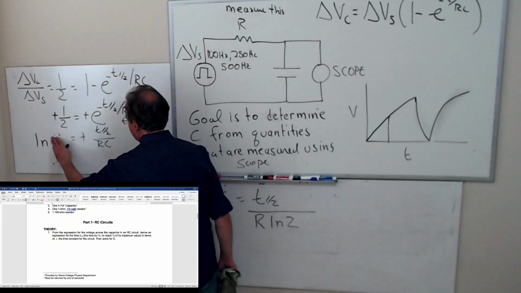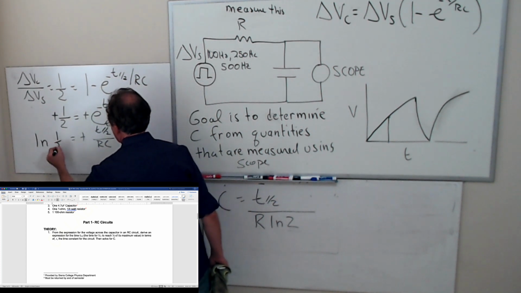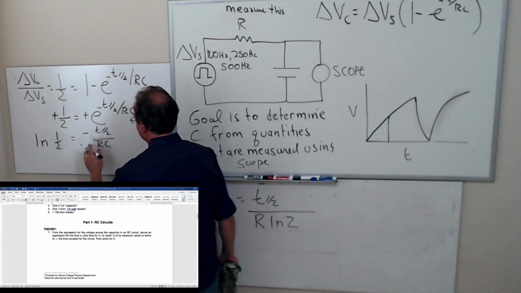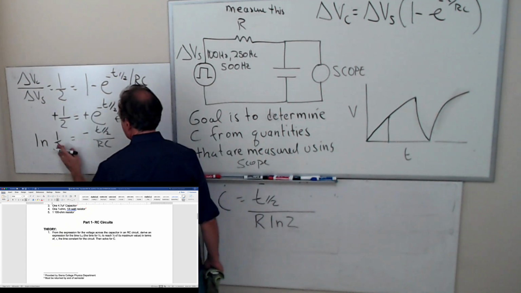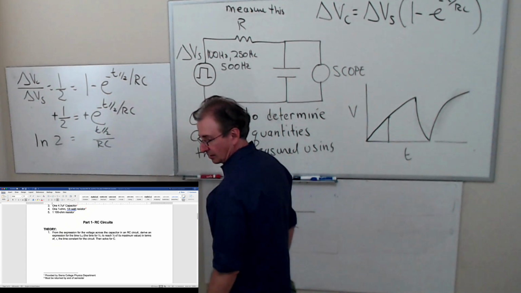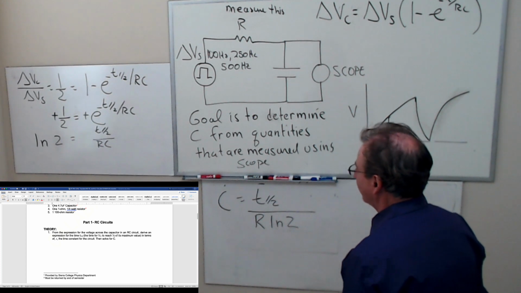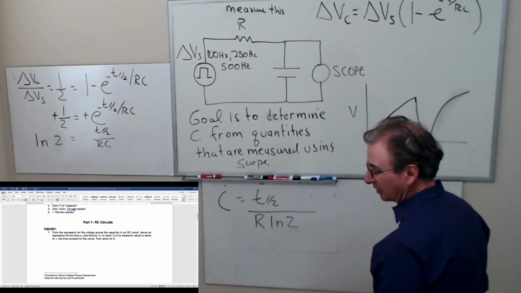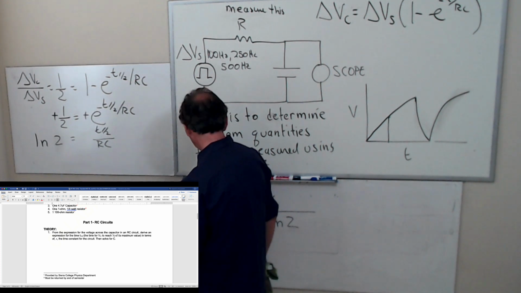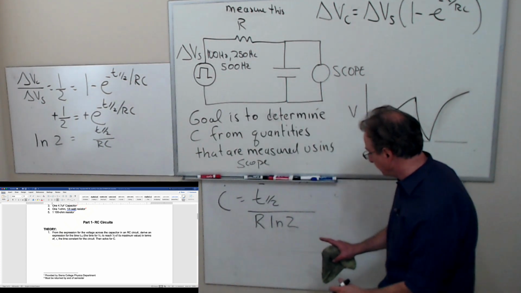It was originally like this. This minus sign is this. Okay? I've been going back and forth on that one too many times. I've made a mistake. Sorry. Okay. So, this is what we have for C.